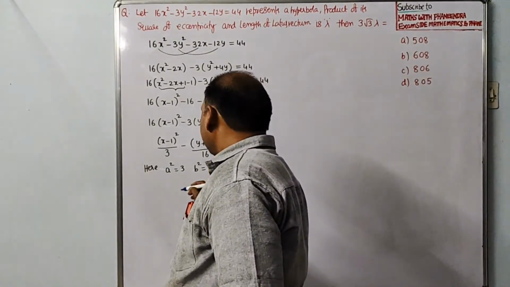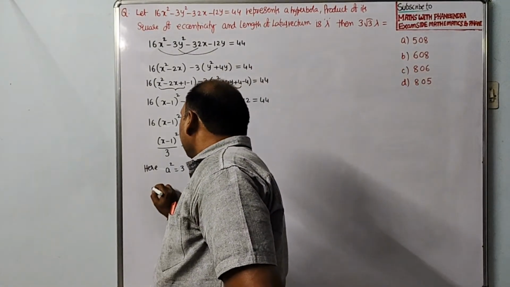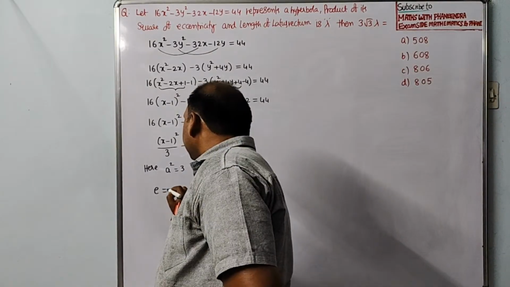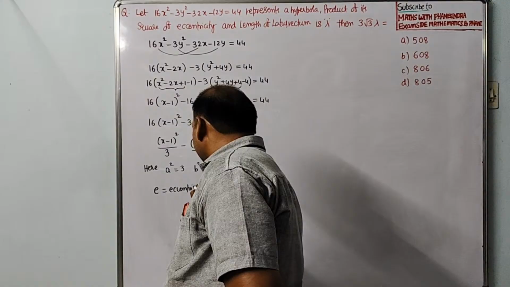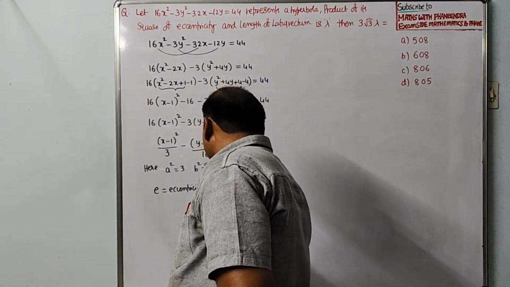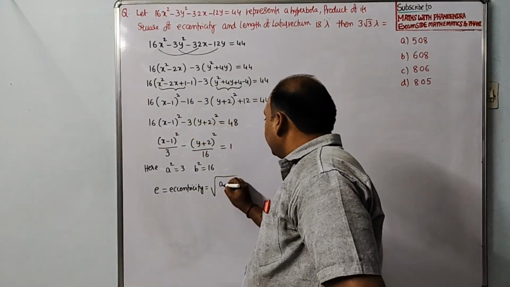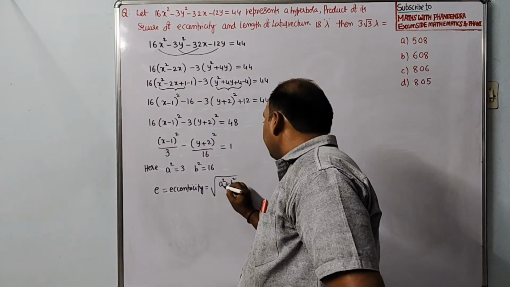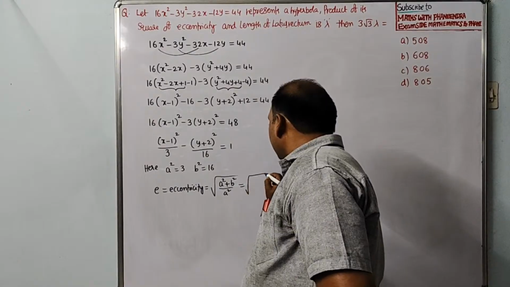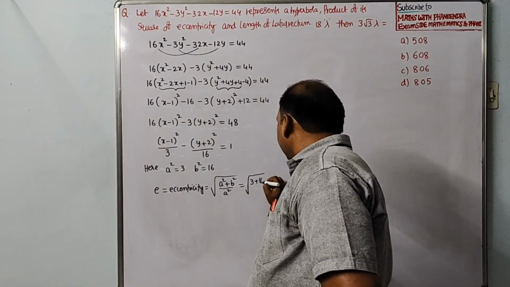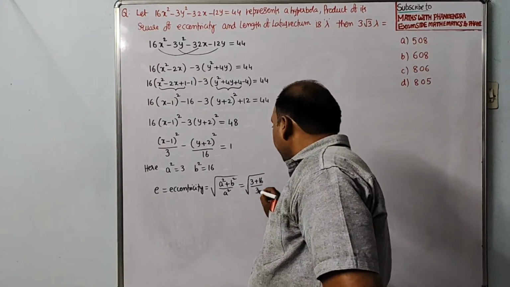So here it is a normal hyperbola. Therefore eccentricity e is equal to root over (a² plus b²) divided by a², which is root over (3 plus 16) divided by 3.